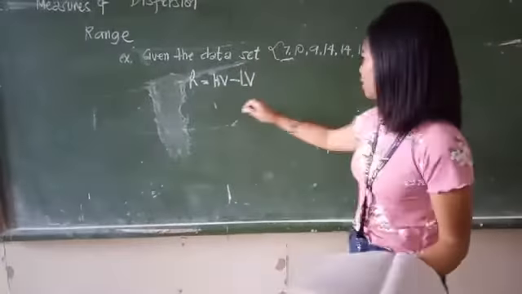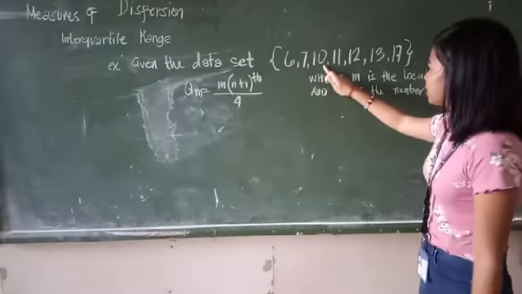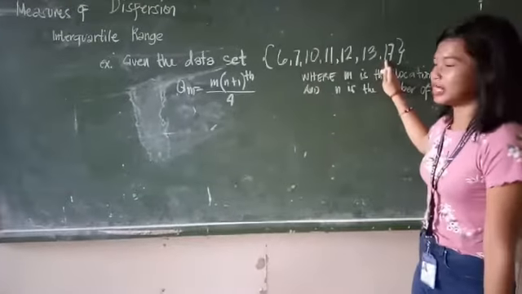So we are now in interquartile. Interquartile is also called the mid-spread. It is the difference between the 75th and the 25th percentile, or between the upper and lower quartile. So we have the given data set here: 6, 7, 10, 11, 12, 13, and 17.